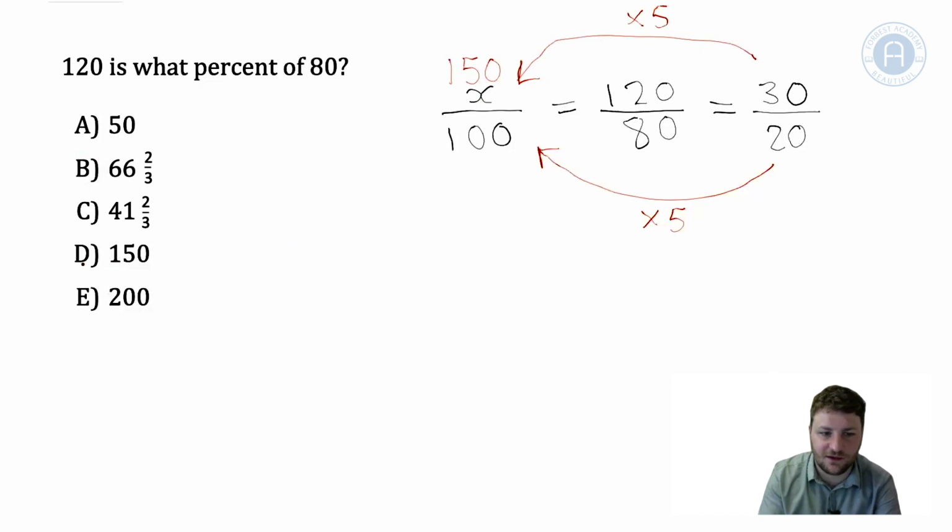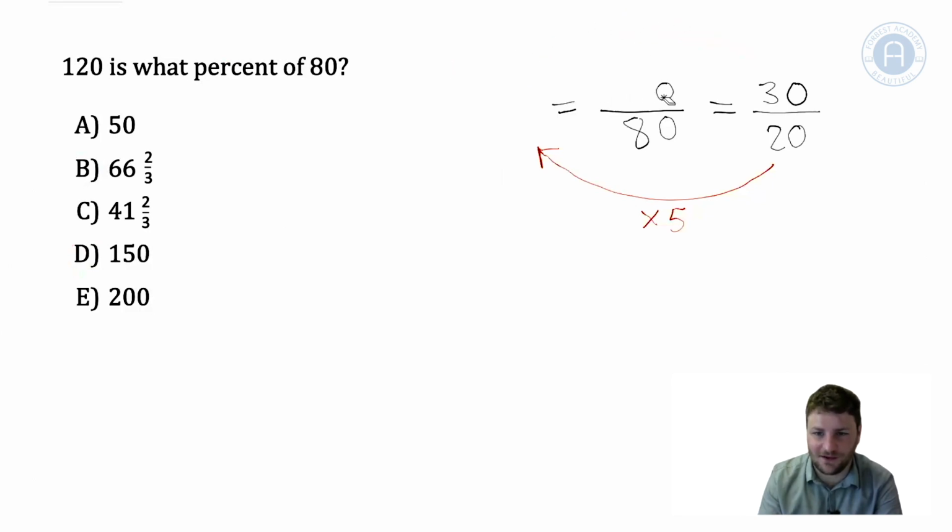So 150 is again our answer. Same answer as we got using the decimal method, just using a slightly different method. I think both those methods are good ones for this question. I probably prefer the fractional method, but that's just out of preference.